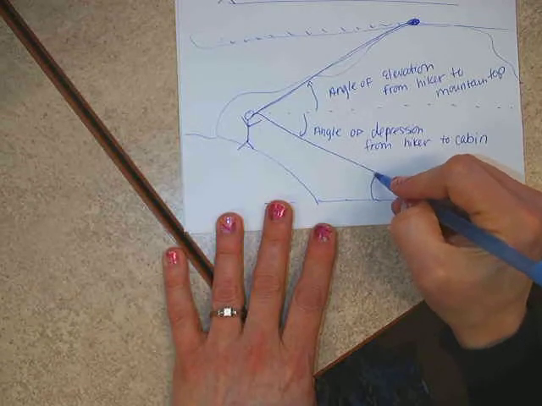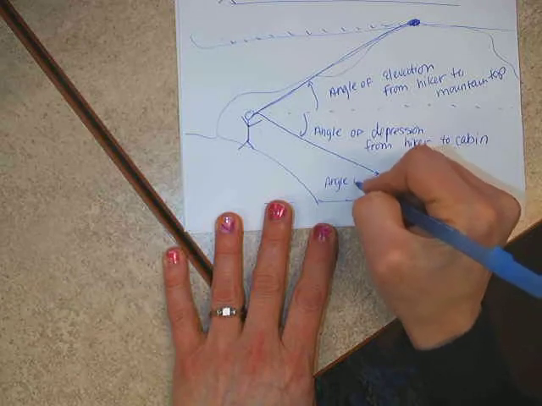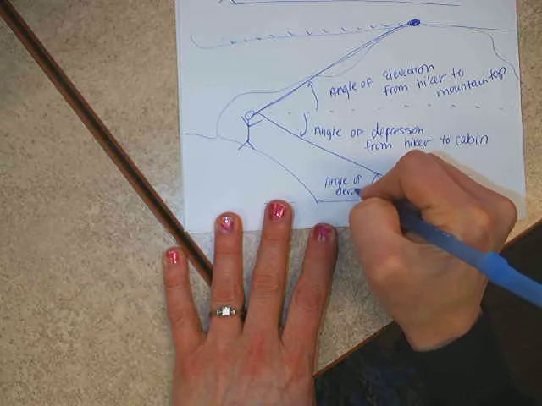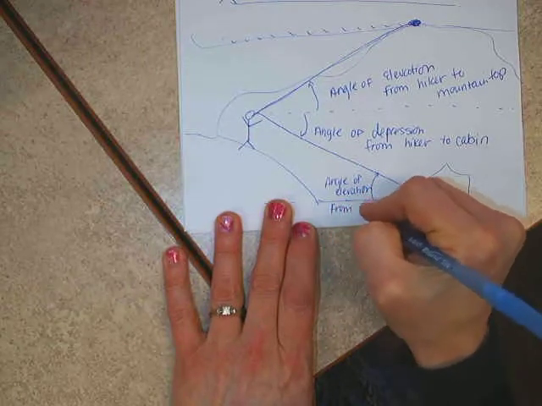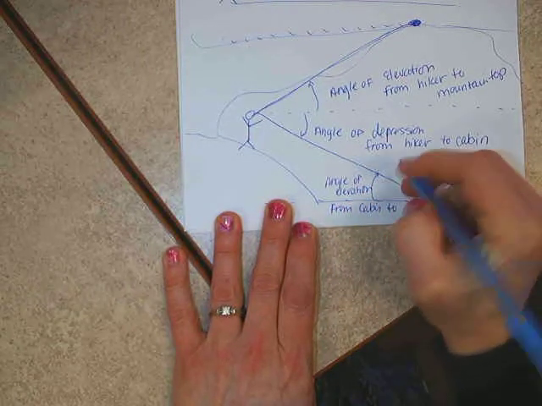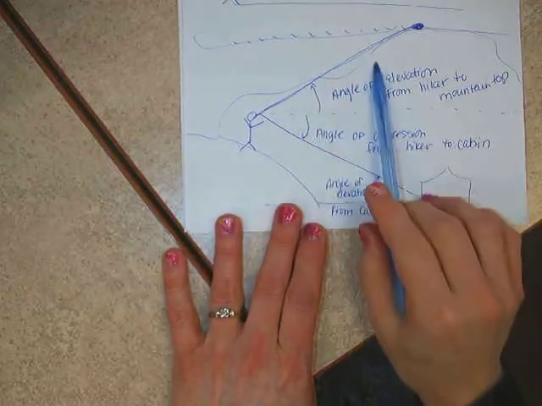But if you're down in the cabin, we also have an angle of elevation up to the hiker. So it'd be angle of elevation from cabin to hiker.